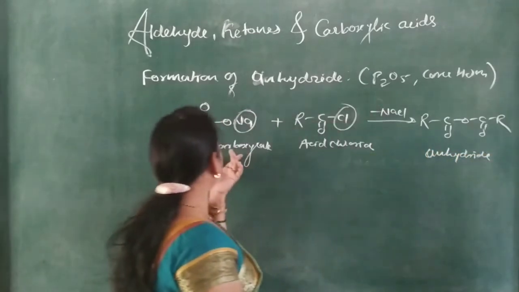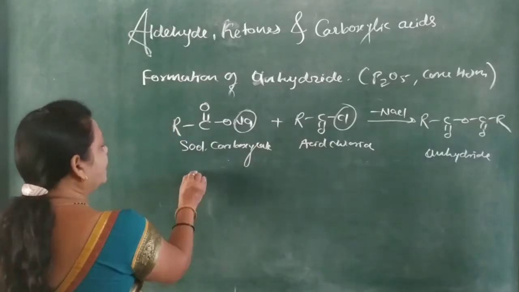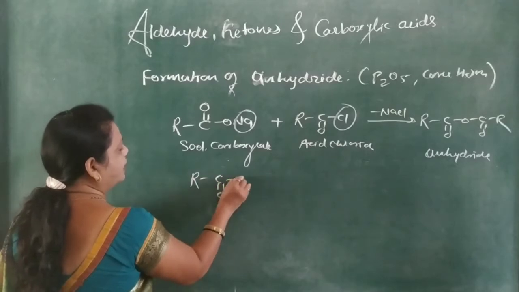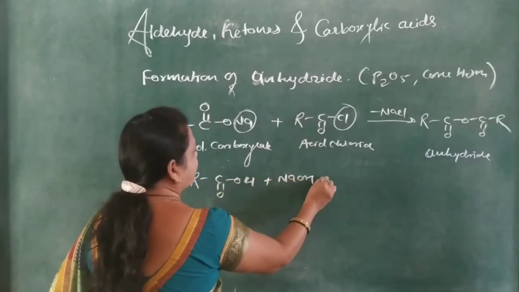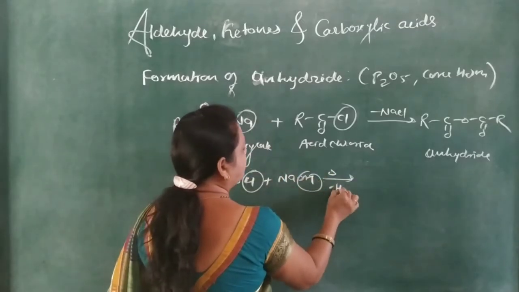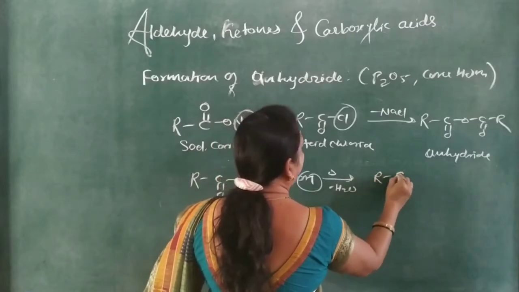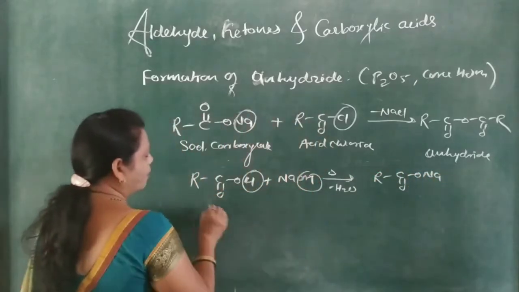And how are these sodium carboxylate and acid chlorides obtained? When carboxylic acid reacts with aqueous sodium hydroxide, H combines with OH, minus H2O, and we get RCOONa. This is the sodium carboxylate.